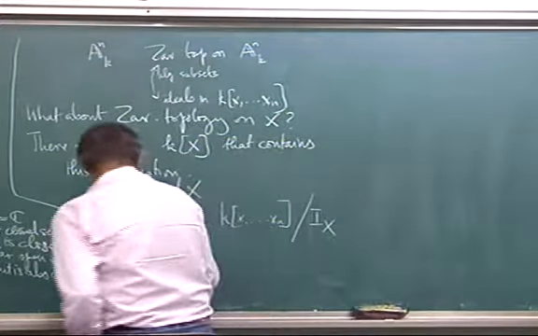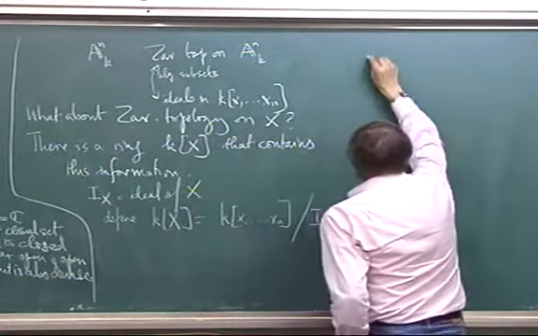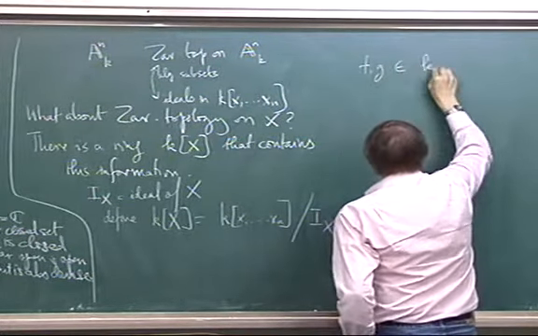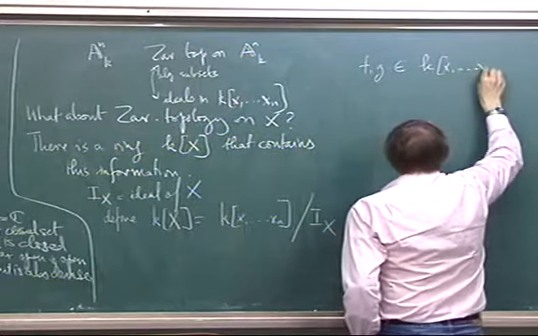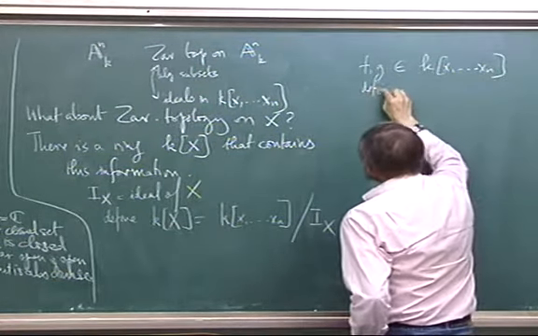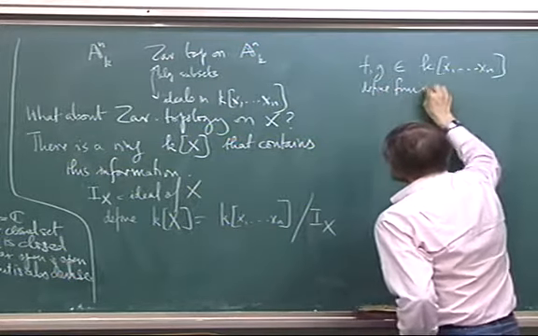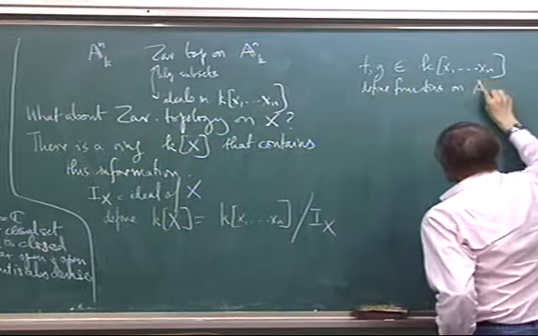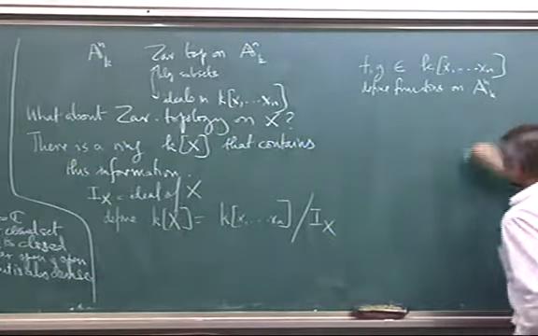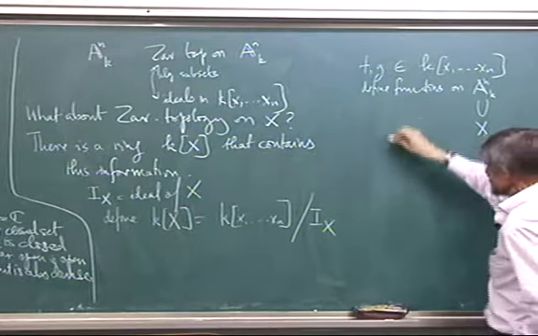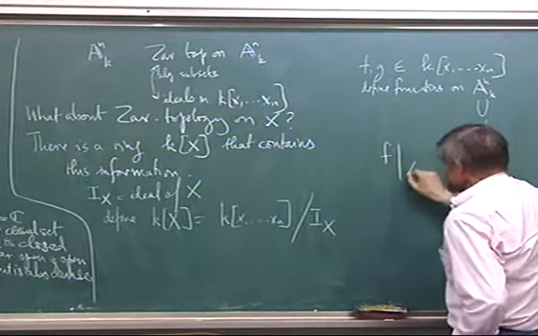Right, so if I've got f and g and so on in K[x1, ..., xn], then they define functions on A^n, and so I can take those functions and restrict them. So I can take f and restrict it to X.